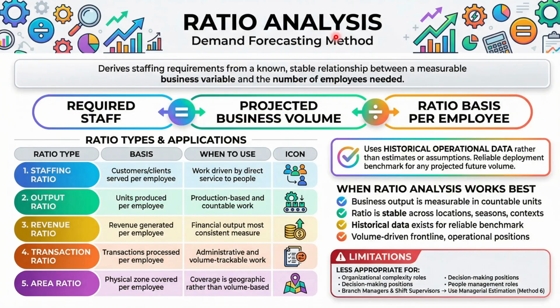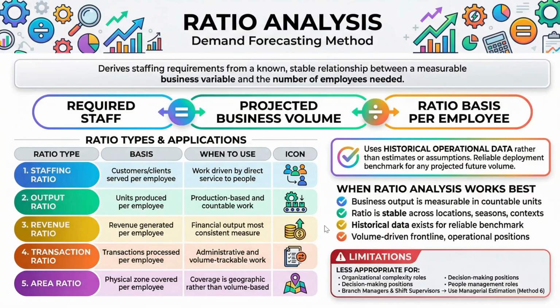Okay, let's start with the first quantitative method in forecasting demand. We have here ratio analysis. Ratio analysis derives staffing requirements from a known and stable relationship between a measurable business variable and the number of employees needed.